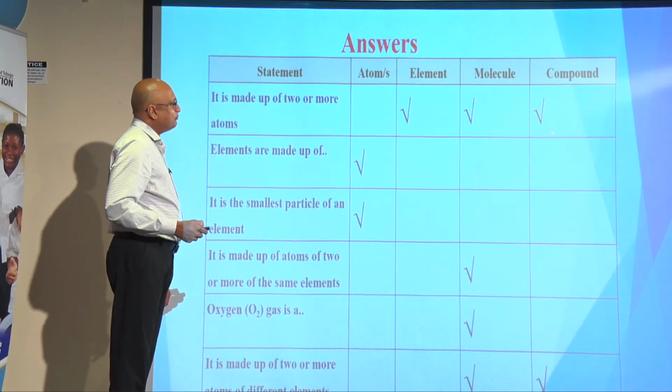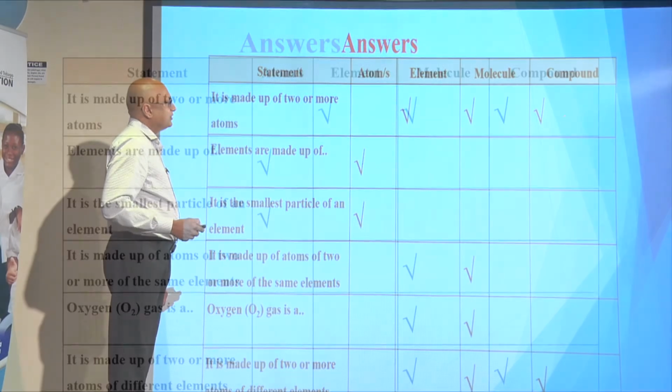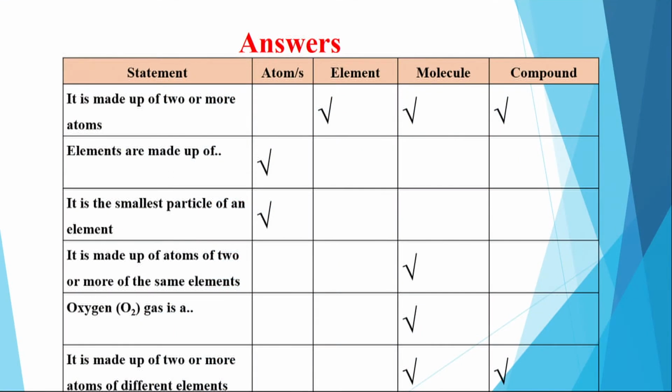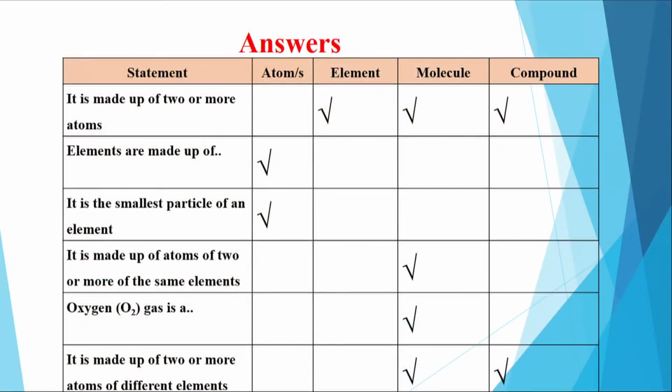And then you have your compound, where your compound is made up of two or more atoms bonded together, but different elements. So it is made up of two or more atoms. It could be element, it could be a molecule, and it could be a compound.